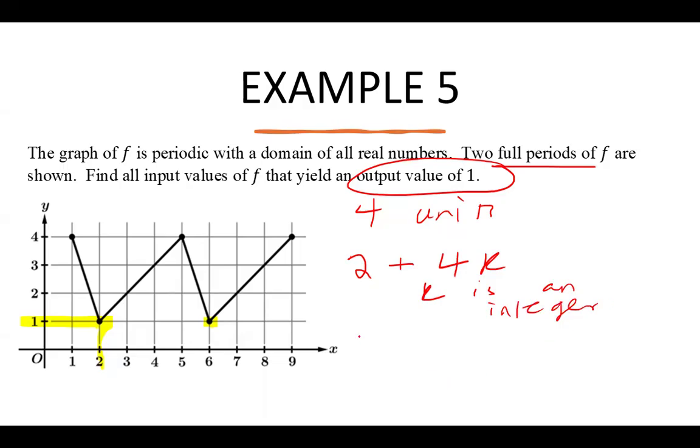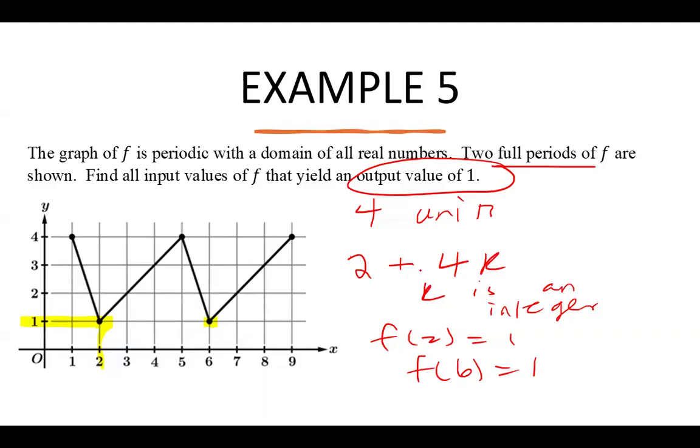Does that make sense? So graphically, I can see that f of 2 equals 1, and I can see that f of 6 equals 1, and then it's going to continue.